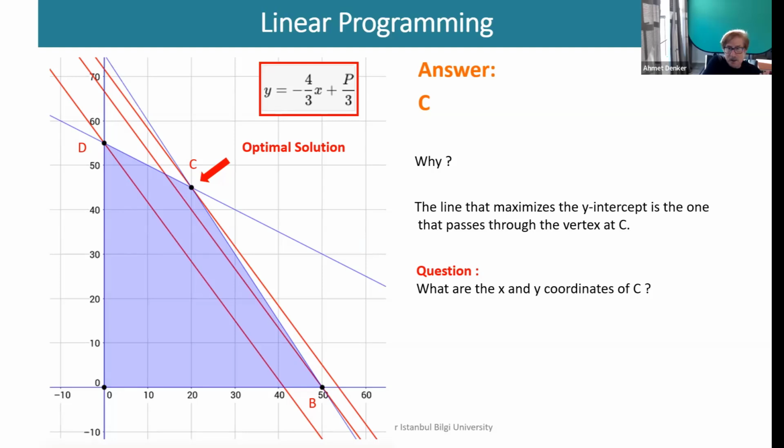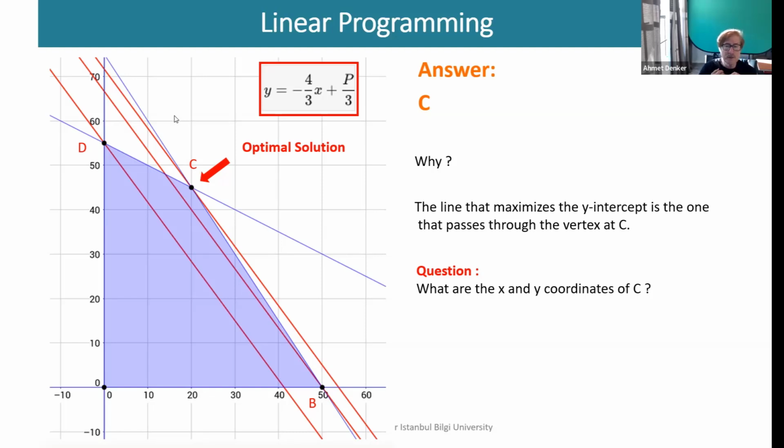So the solution lies on the boundary conditions, because the boundary conditions gave me two lines. And see that this point, the optimal solution, lies at the intersection of these two lines. Therefore, it should satisfy both of these line equations.